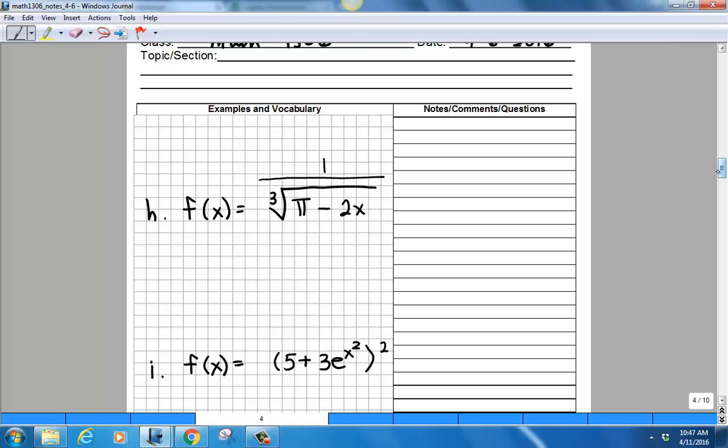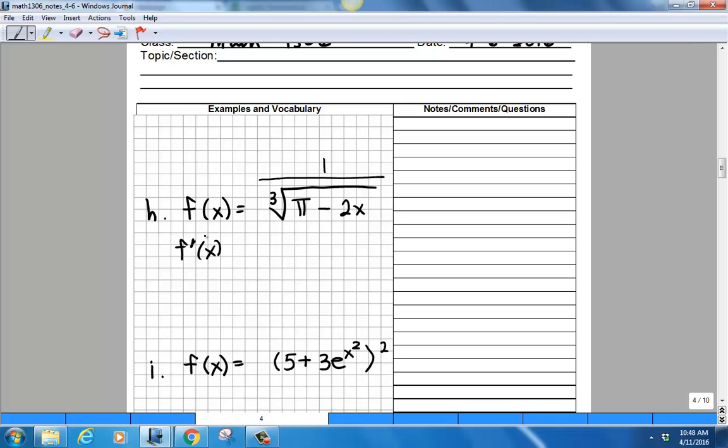All right, and we want to find its rate of change. So this one doesn't have an e or a natural log in it, but it does have one of these pesky roots. So you know, of course, that we want to rewrite that radical as an exponent.